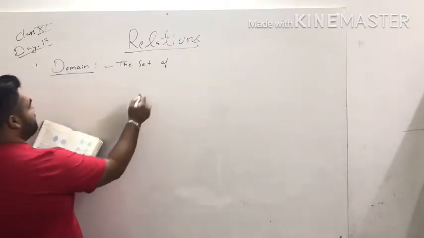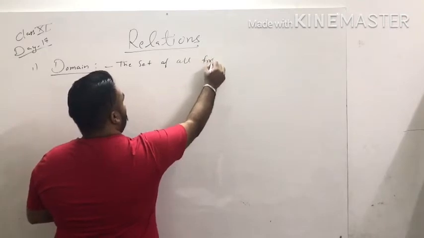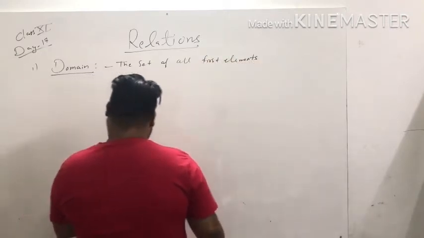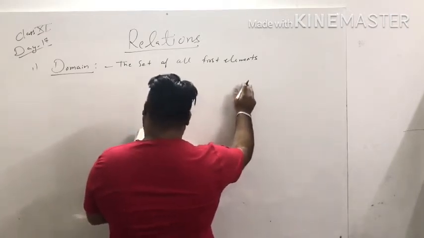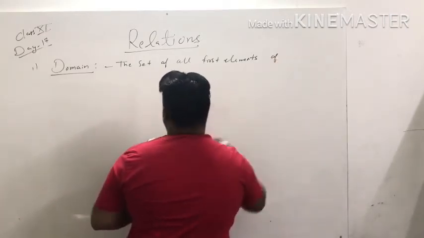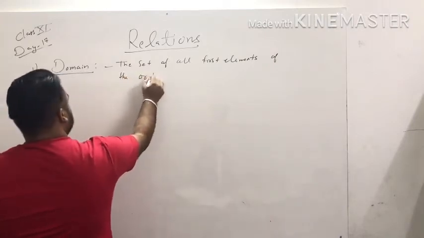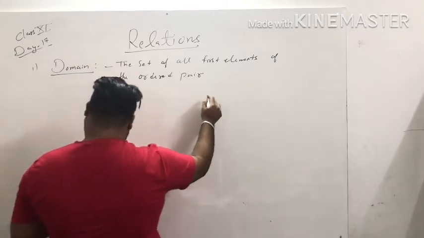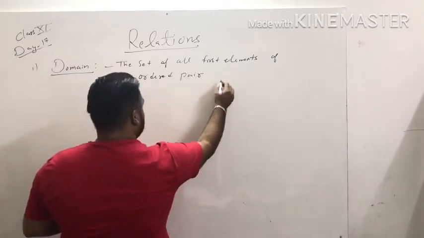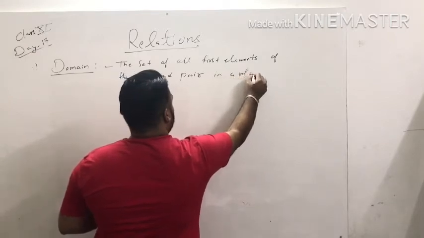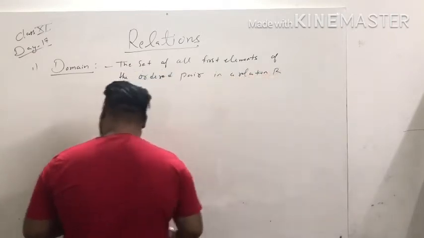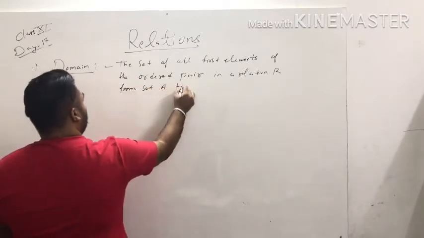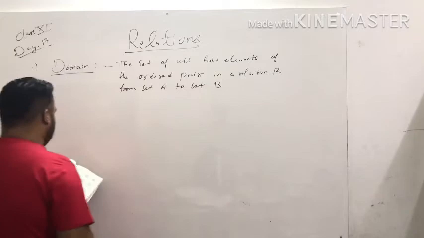So the definition is a set of all first elements of the ordered pairs in a relation from set A to set B.